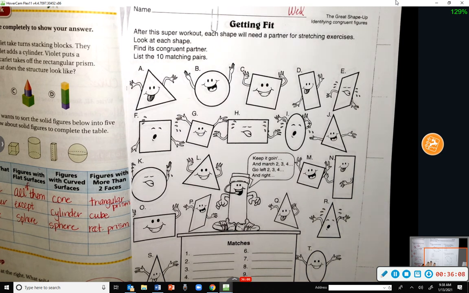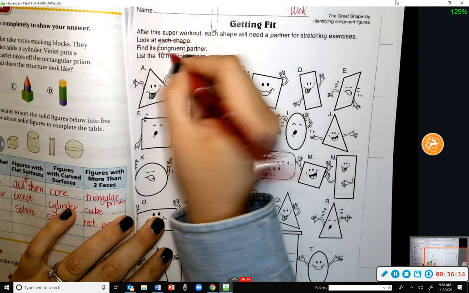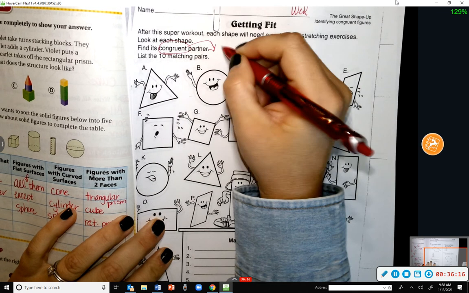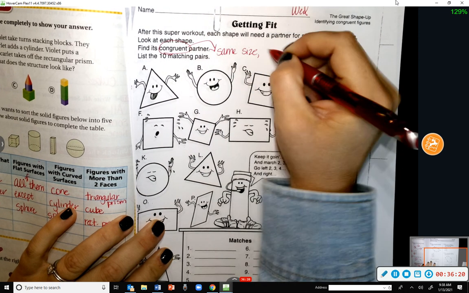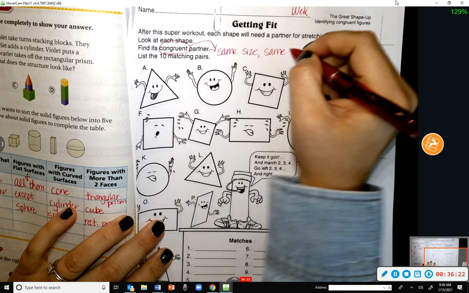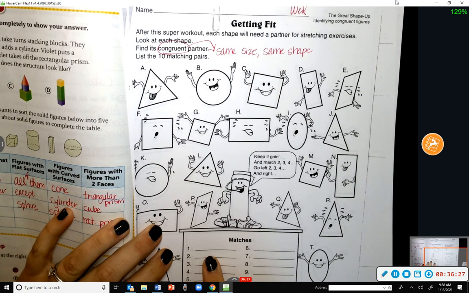Kelsey? A shape that's the same. Good. So congruent means same size, same shape. Okay, and then you just write the match on the line.